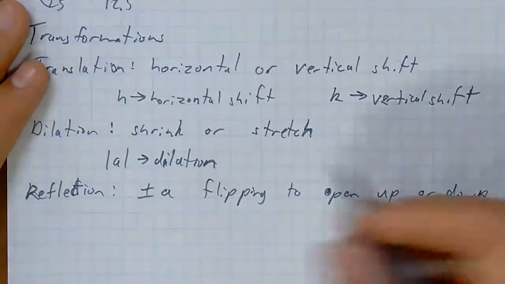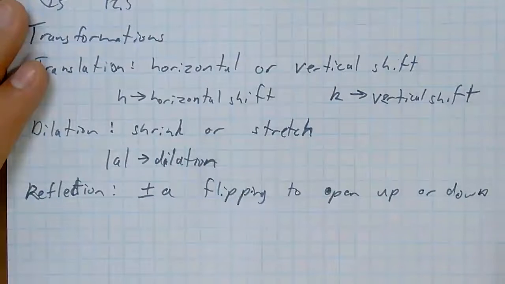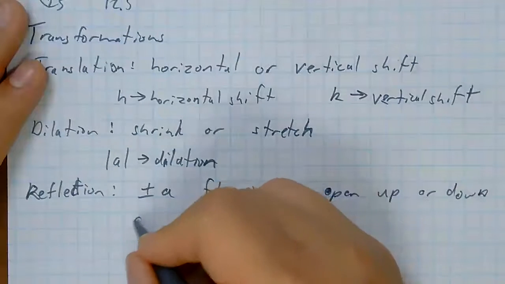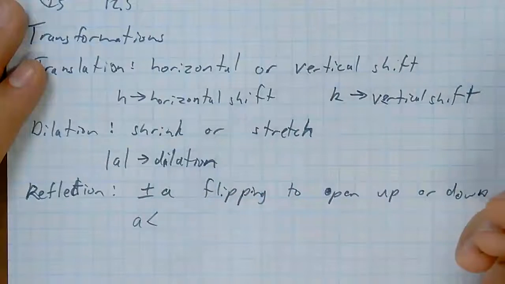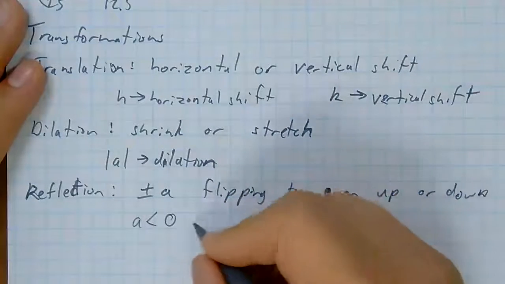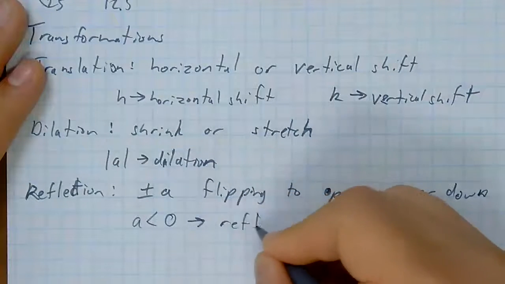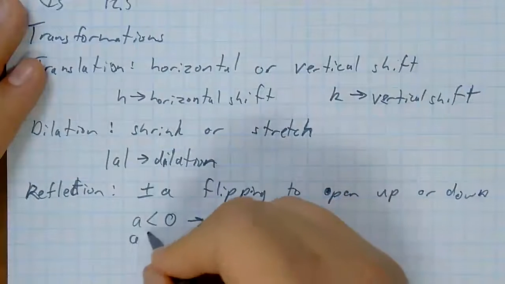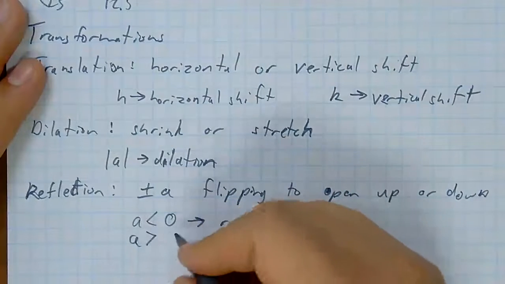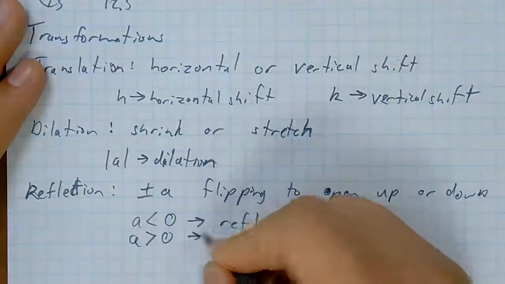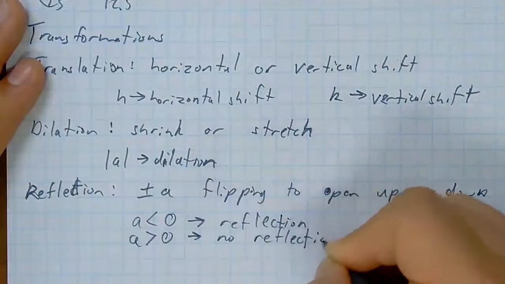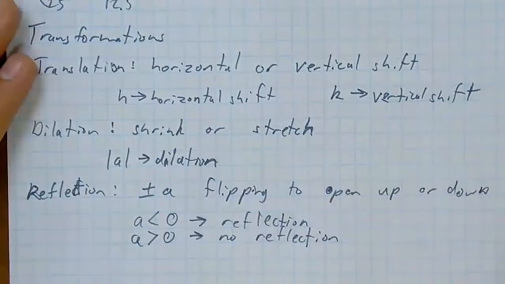Okay. So the plus or minus nature of A tells us if there's a reflection or not. If A is less than 0, so if A is negative, that means there is a reflection. If A is greater than 0, A is positive, okay, there is no reflection.